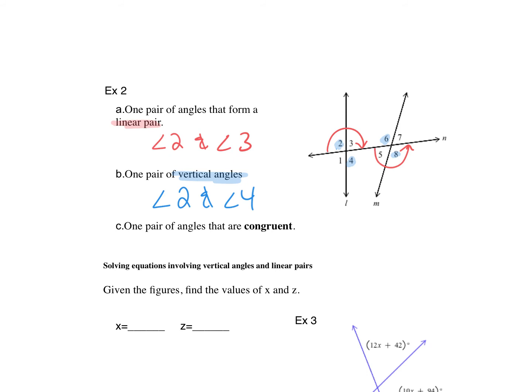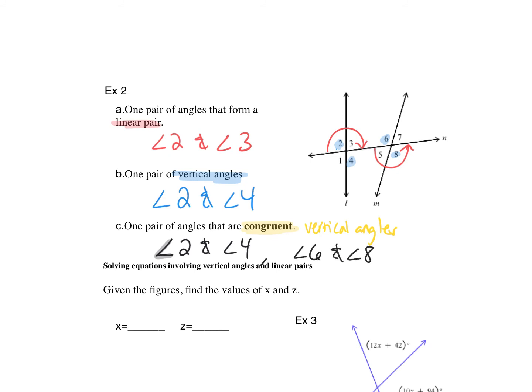And then for part C, they want us to name one pair of angles that are congruent. Well, remember, congruent is the same thing as vertical angles. The vertical angles are always congruent to one another. So you could very well use the same exact pair that you just used in the vertical angles, or you could name a different pair, like angle 6 and angle 8.